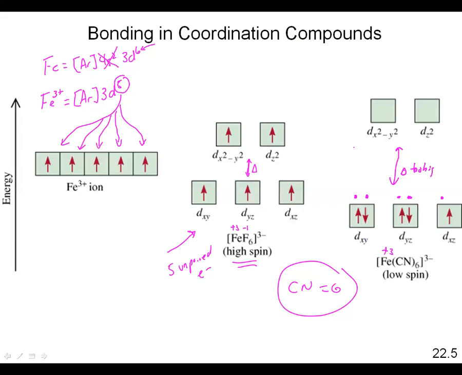And as you can see, what you end up with in this situation is only 1 unpaired electron. And that means this is what is considered a low spin situation.